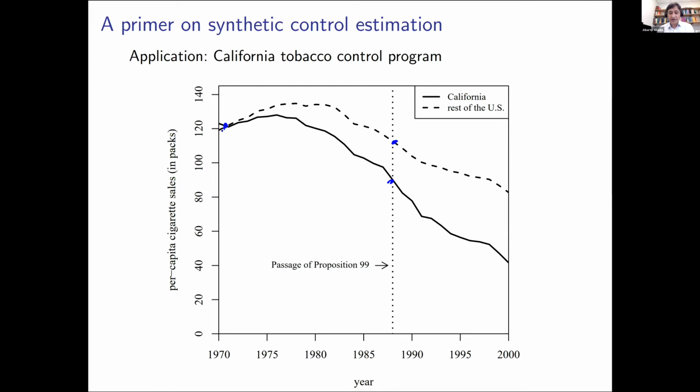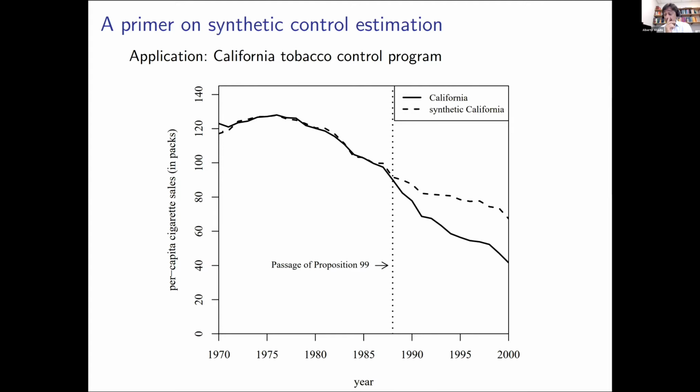However, as for the German reunification example, there is a weighted average of other states in the United States that is able to reproduce the trajectory of tobacco consumption in California before the passage of Proposition 99, and also other predictors of tobacco consumption. And as before, we want to say that what we observe there is the effect of the intervention.